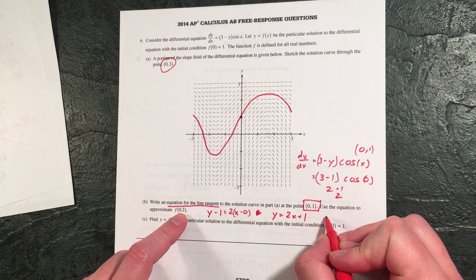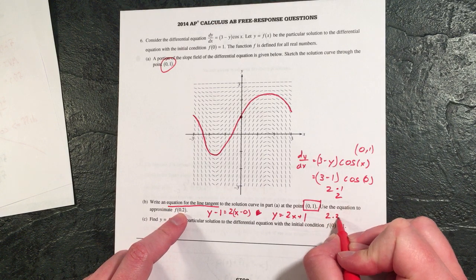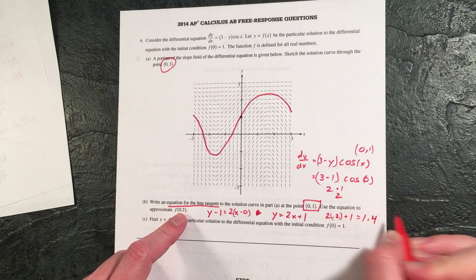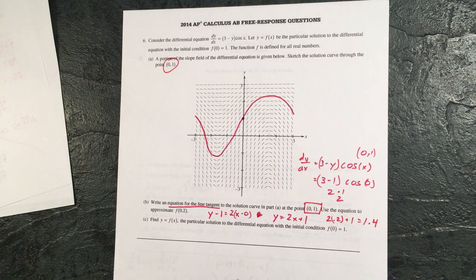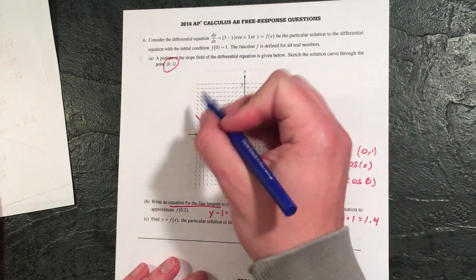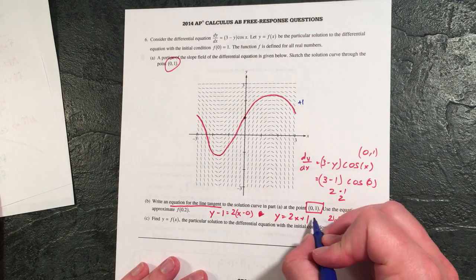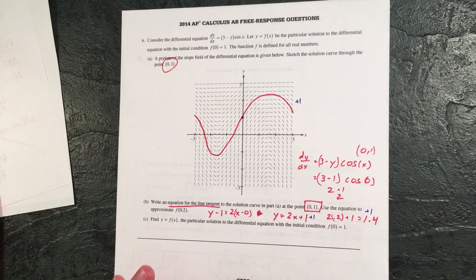So we have 2 times 0.2 plus 1 equals 1.4. Great. By the way, point breakdown: 1 point for the tangent line equation, and 1 point for getting that number.